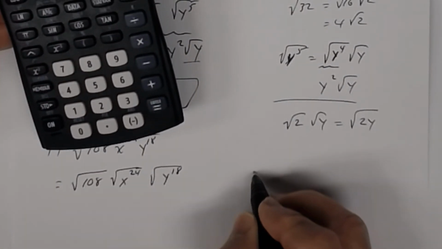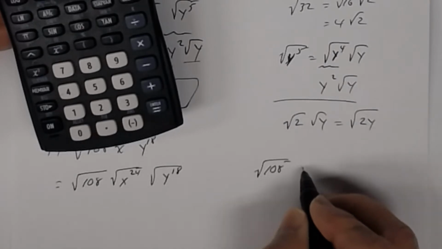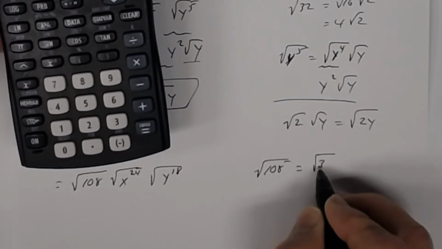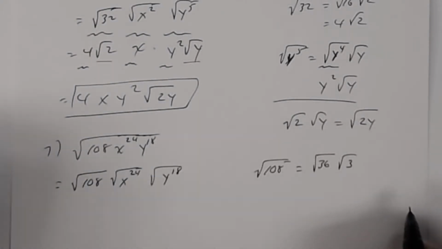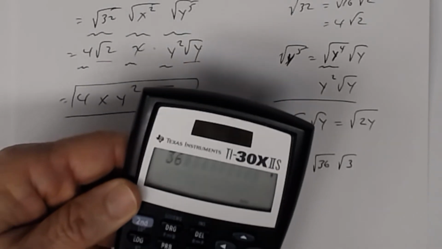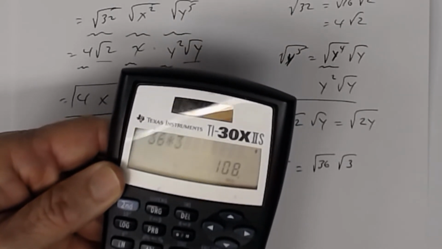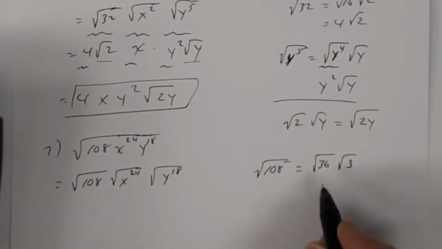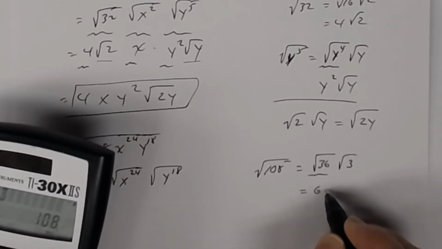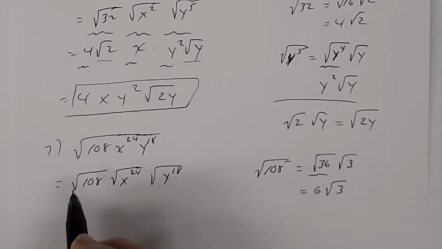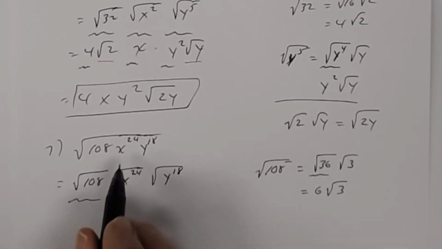So I'm going to go off to the side and rewrite the square root of 108 as the square root of 36 times the square root of 3. And always check yourself, 36 times 3 is 108. And then the square root of 36 is 6, so this becomes 6 square root of 3. So that goes here. See how I'm doing it step by step?